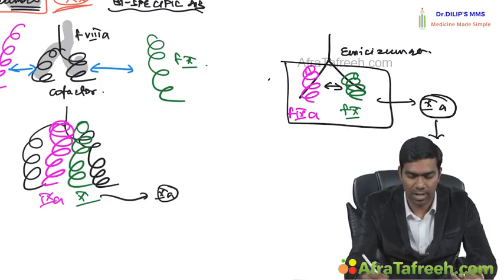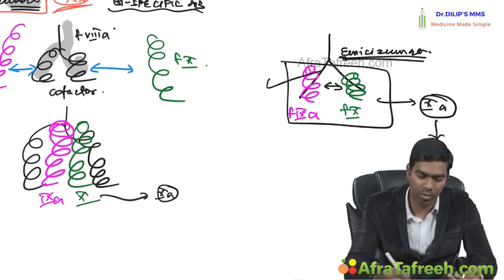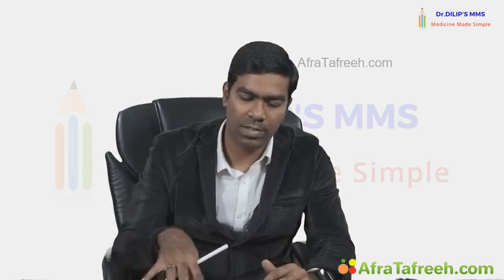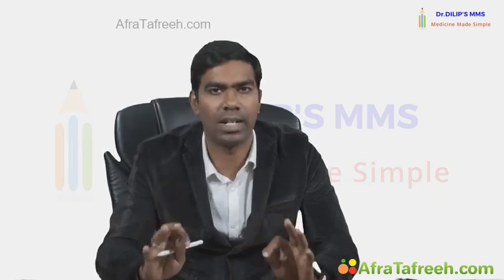Do you understand? As simple as that. So emicizumab mimics factor 8A action. Superb. And remember, emicizumab is useful for treatment of hemophilia patients, both with and without clotting factor inhibitors. I'll tell you the catch in that, and why I told you that point specifically.